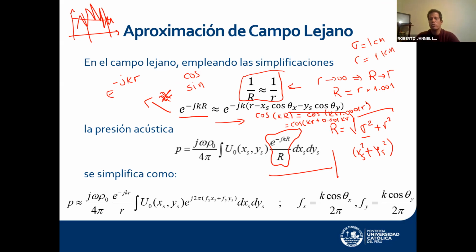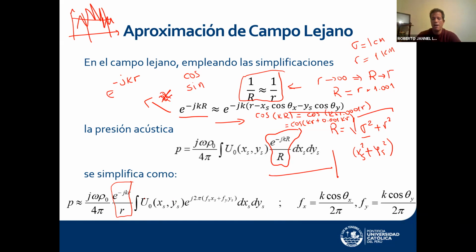If we actually do this approximation, like Breno said, yes, it is true. We go to the equation down here, and the e to the minus j k little r divided by little r can go outside the integral, for sure. Why not?